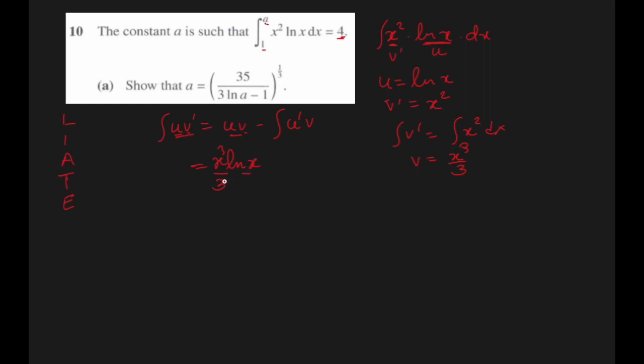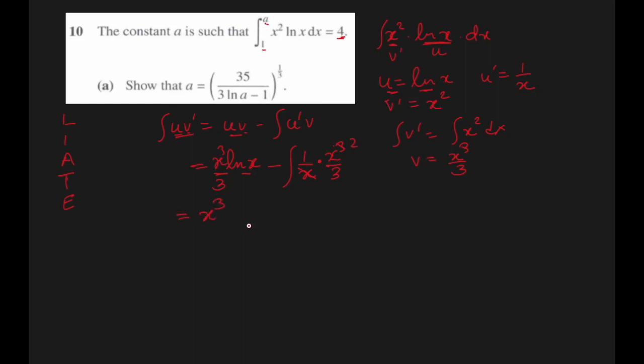So this is u, this is v, minus u prime. We have u, but we want u prime here. So u prime means we'll have to differentiate this. So u prime will be 1 over x. That's it. So u prime is 1 over x. V is, we just found out, x cube over 3. Okay, 1 over x will cancel with this, it will become x square. So what do we get here?